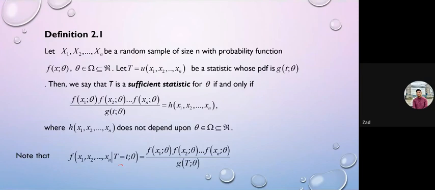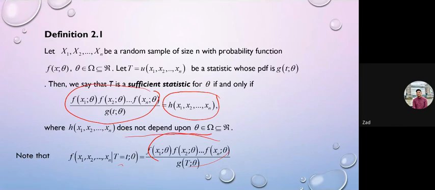We express it in terms of conditional probability, so we get the joint PDF divided by the PDF of your sufficient statistic. That is based on the definition. Once we get the ratio, it is your function H, and your function H does not depend upon theta. Then we call T a sufficient statistic for theta.